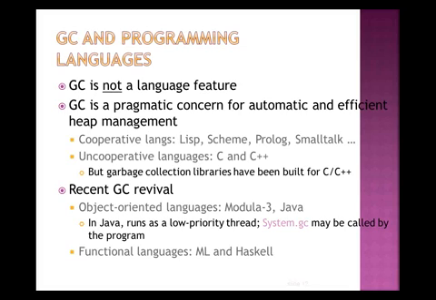Heap management means allocating or deallocating memory in the heap, that is, at runtime. The cooperative languages that use GC are Prolog, Smalltalk, Scheme, and Lisp. The uncooperative languages are the ones we generally use as users, that is C and C++. But garbage collection libraries have been built for C and C++.